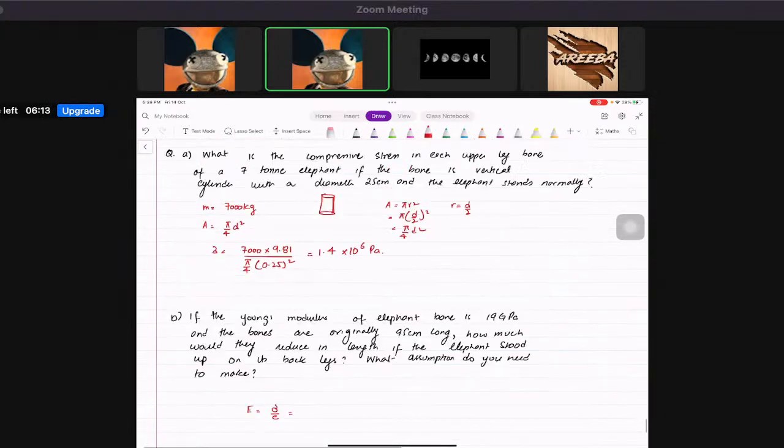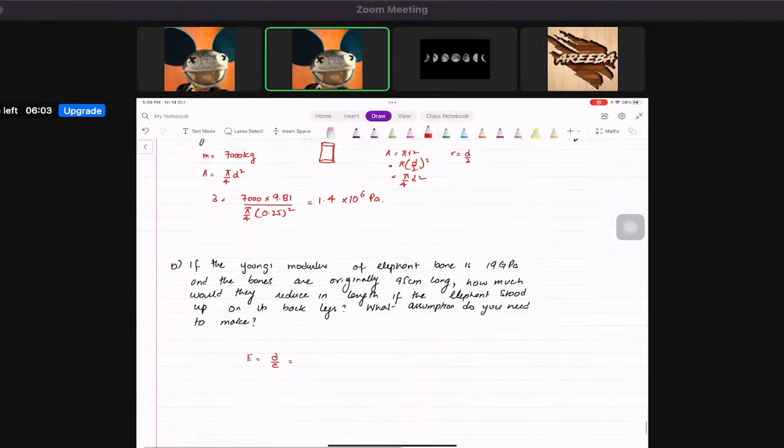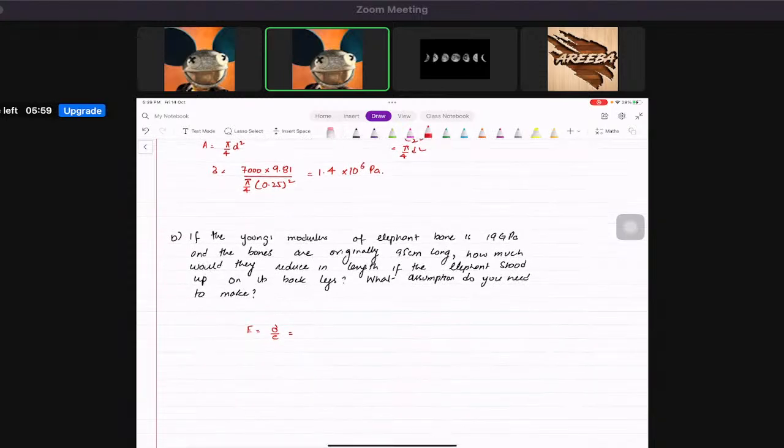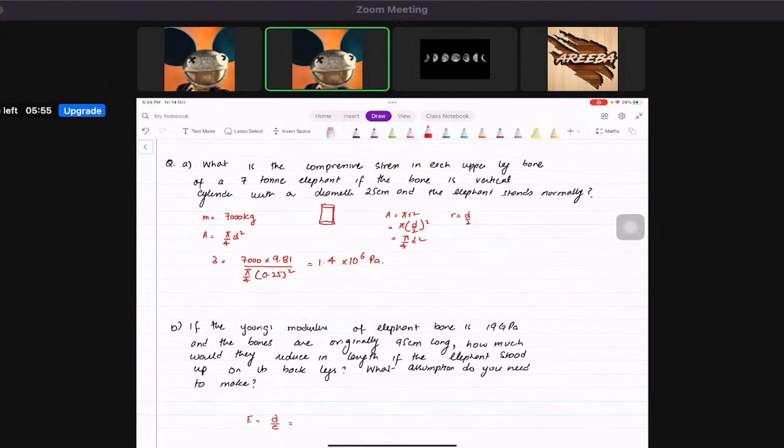Oh, by the way, if the elephant stands on four legs, and now it's two legs, right? If the bone is vertical, what is the compressive stress?